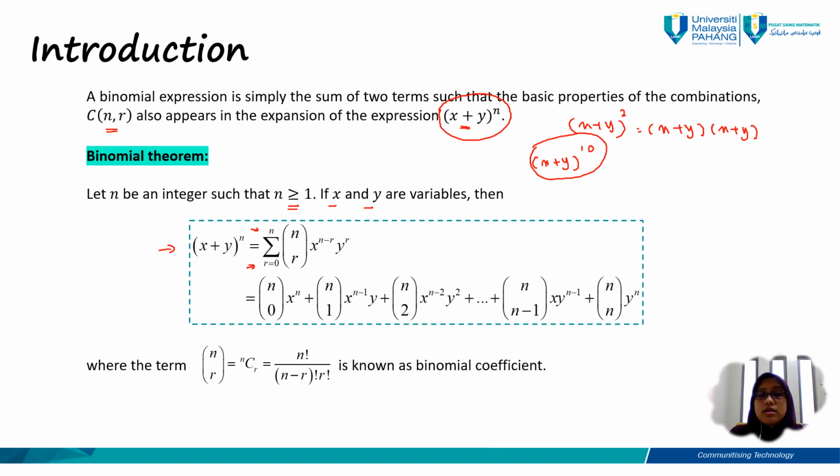So we just expand this summation formula, that means we add the terms starting from r equal to 0 until r equal to n, where the term (n, r) is actually equal to nCr, or we can use this formula. It is known as the binomial coefficient. So how do we use this? Just use your calculator.